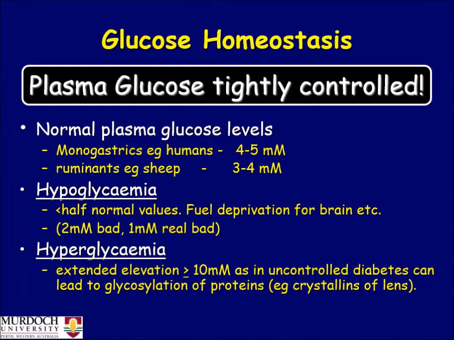When glucose gets in high concentrations in solution, it starts to precipitate onto things. So, for example, you get glycosylation of a whole range of proteins within your body. A classic one are the crystallins on the lens of your eyes, making you go blind.